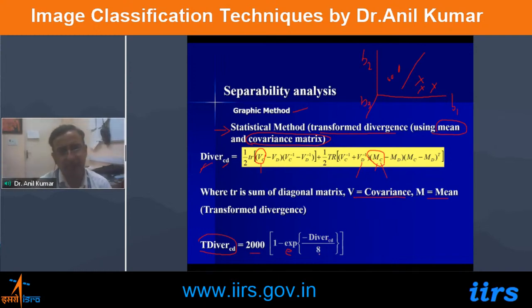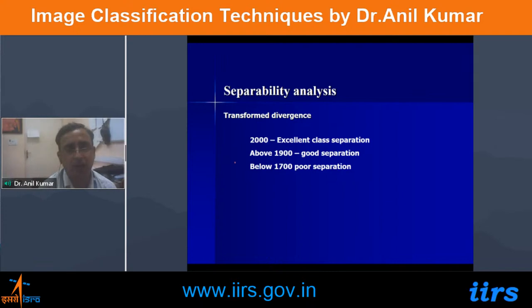Like this we can find out transform divergence, and its value comes in this range. If it is maximum 2000, then it's called excellent class separation. If it is above 1900, then it is good separation. If it is below 1700, then it is poor separation.